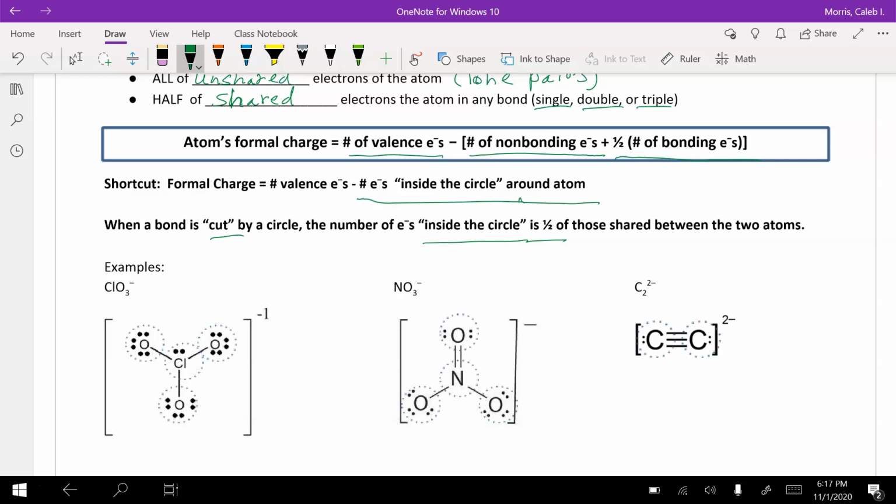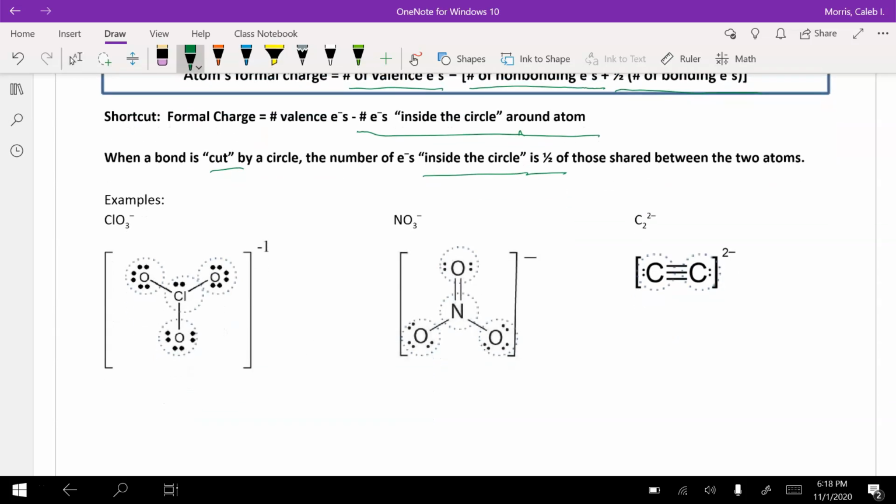So in our example here, chlorine has 1, 2, 3, 4, 5 electrons. And if we look at oxygen, we've got 1, 2, 3, 4, 5, 6, and then this one would make 7 inside of the circle. This other oxygen is 1, 2, 3, 4, 5, 6, 7 inside that circle, and then the other one would be 1, 2, 3, 4, 5, 6, 7 inside of this circle.